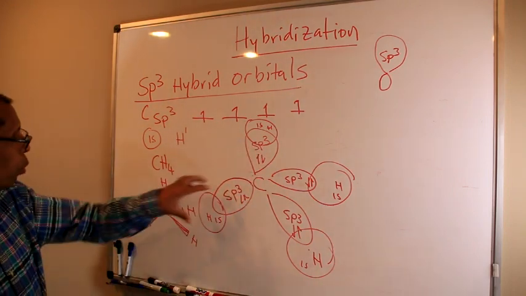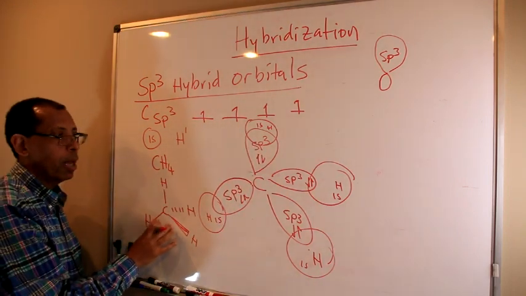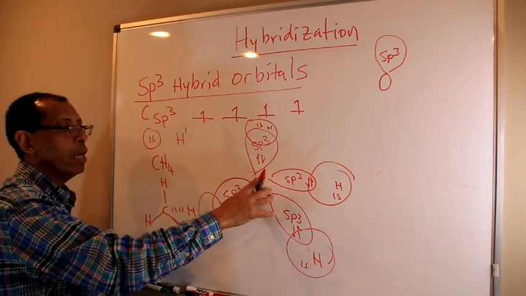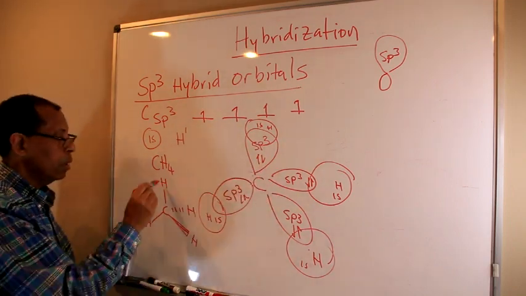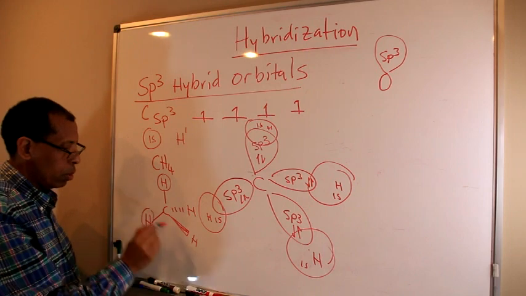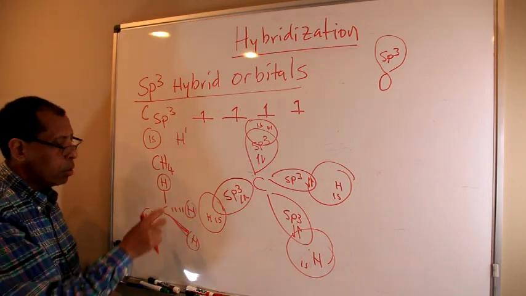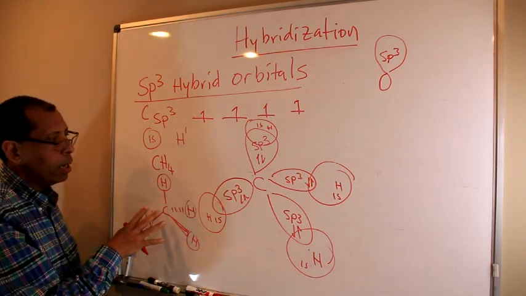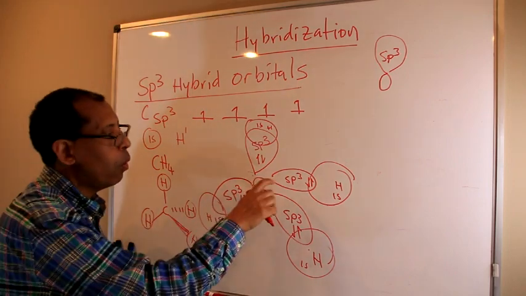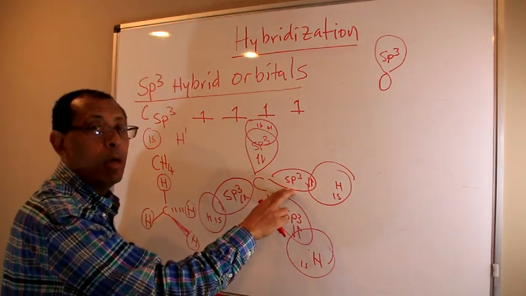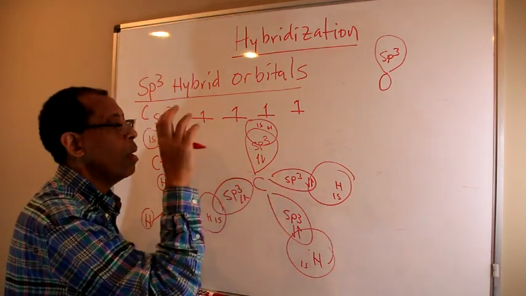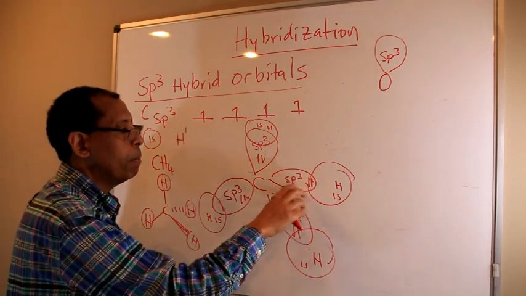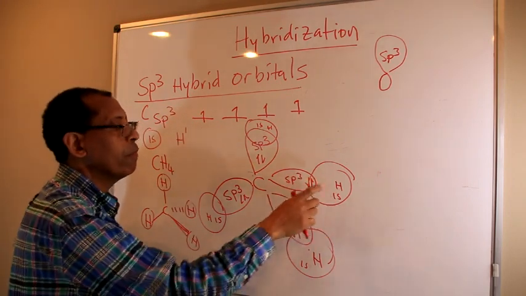This is actually what this molecule looks like in hybrid orbitals. So this is 1H, this is 1H, this is 1H. So a methane is made from 4 sp3 orbitals that overlap or make bonds with the 1s of the hydrogen.